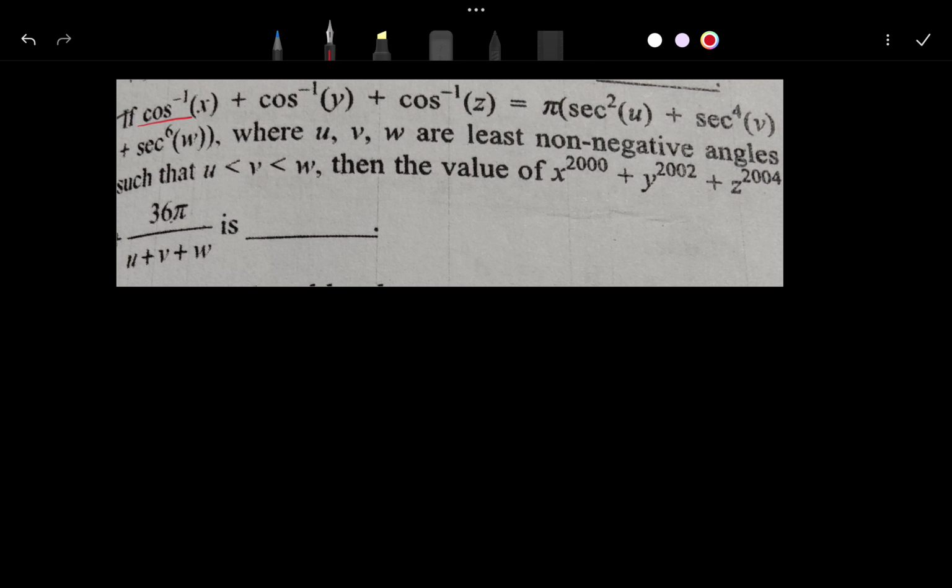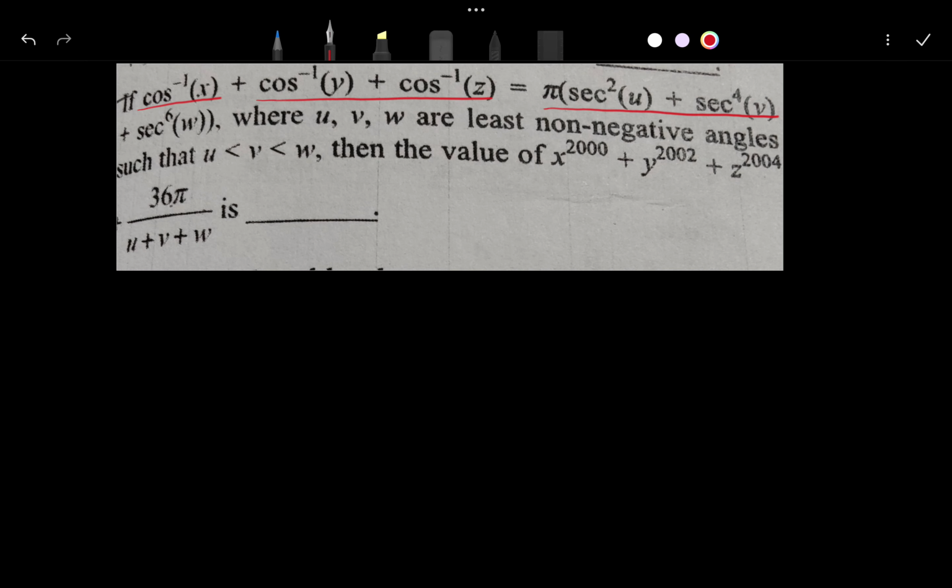Cos inverse of x plus cos inverse y plus cos inverse z is equal to pi into secant square u plus secant v whole power 4 plus secant w whole power 6, where u, v, w are the least non-negative angles such that u less than v less than w.